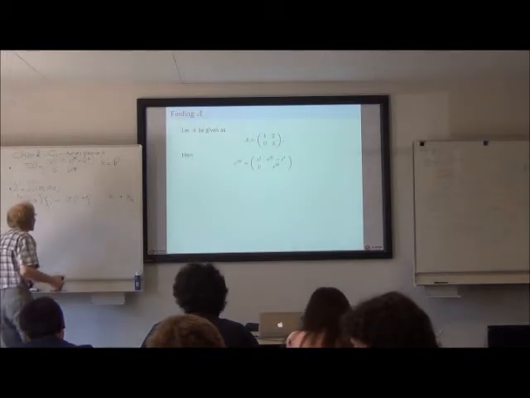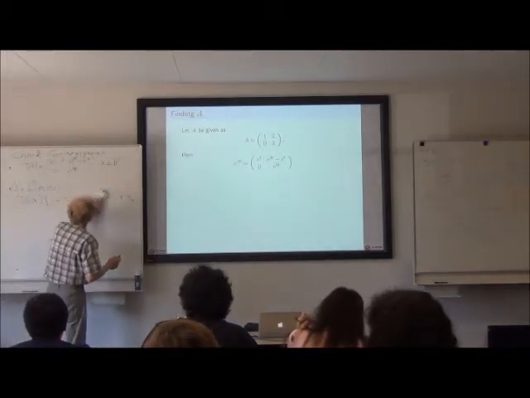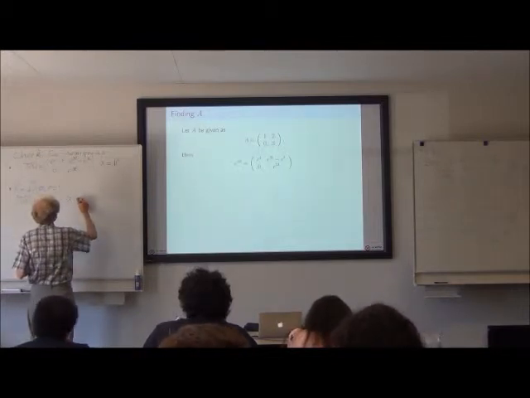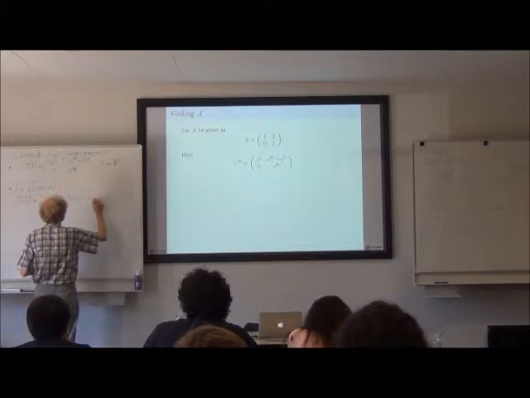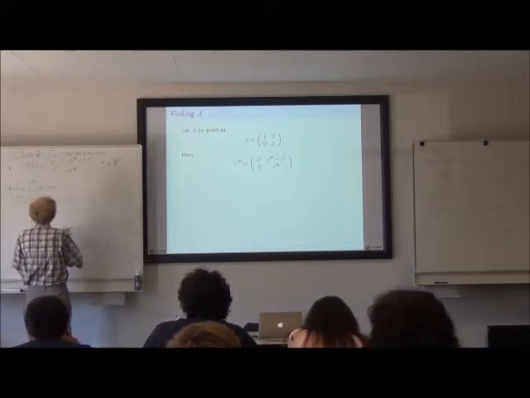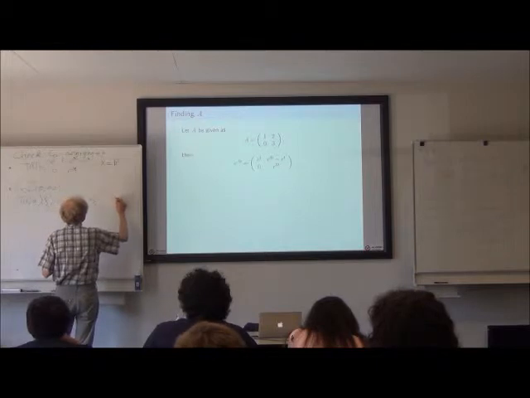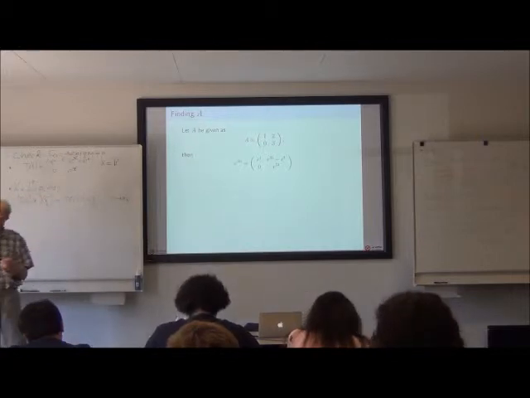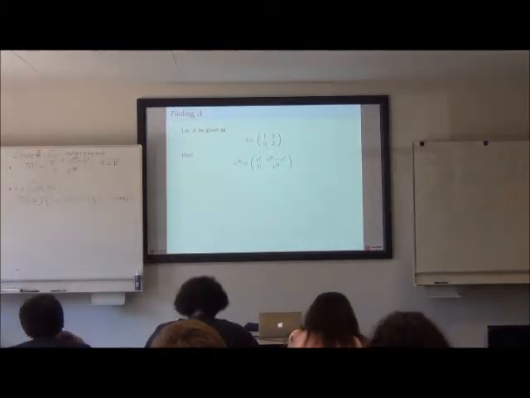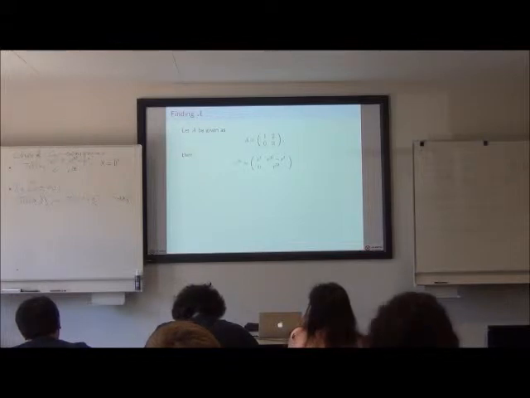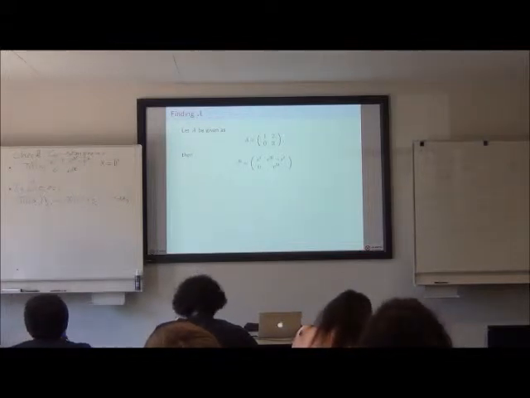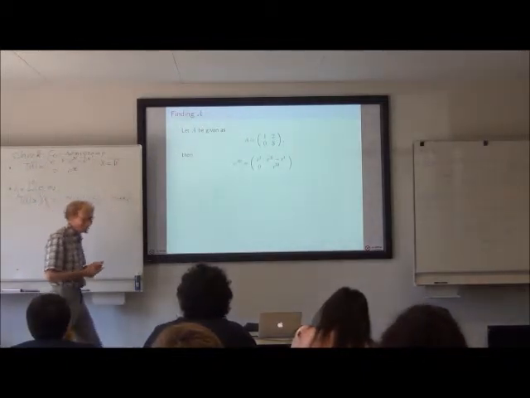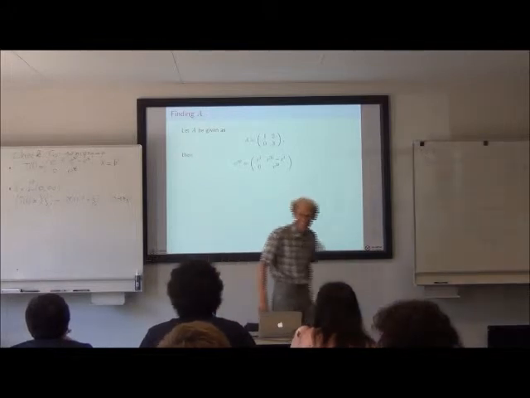So let me do it correctly: V t zeta. Oh yeah, excellent. The V is on this, per second is 1 meter per second. Yeah? Now I'm happy. Now you're much more happy, of course.